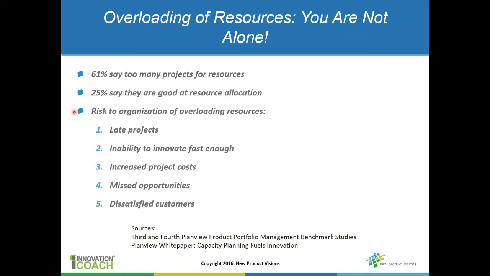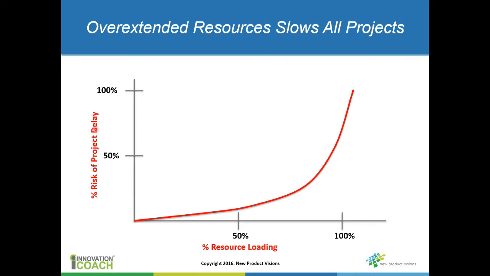There's a lot of risk when you overload the resources within the project portfolio. Number one is late projects, and it's not just related to one project; every project in the portfolio can be impacted when something goes wrong in one project. To make this point, I use this graph here.